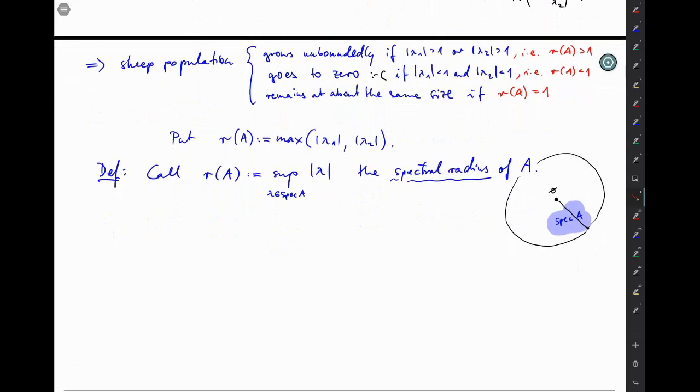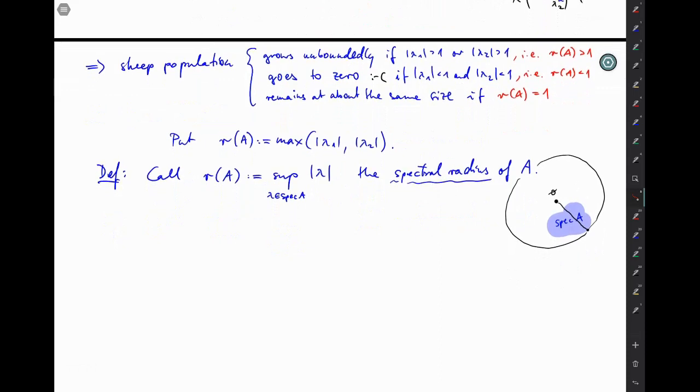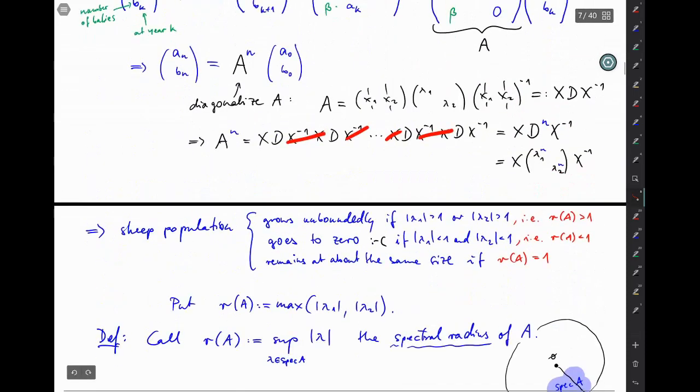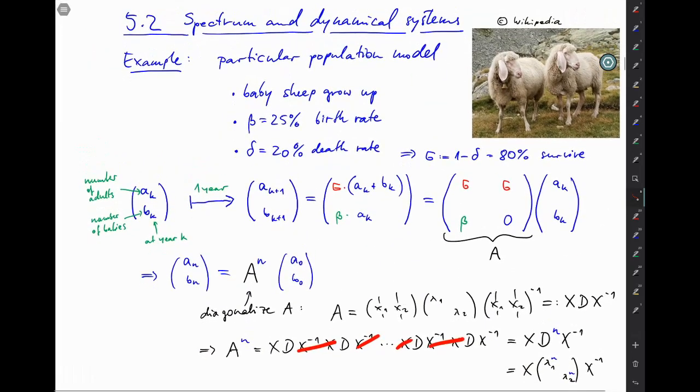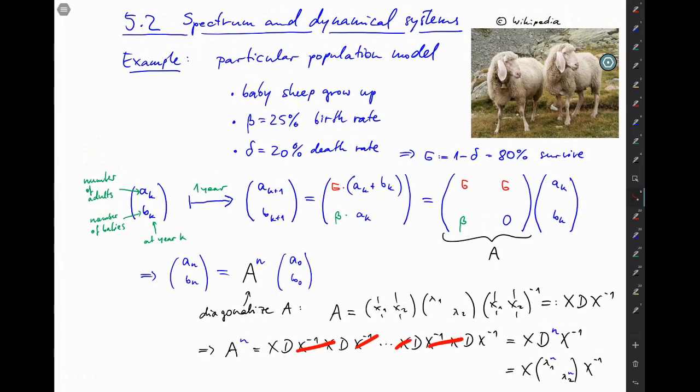But before we do so, let's do something else. So coming back to our sheep breeding activity, we're going to be very successful if the spectral radius of that matrix A turns out to be bigger than 1.